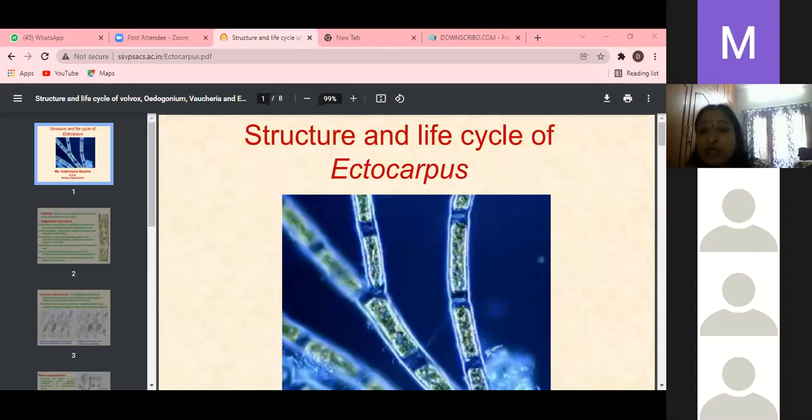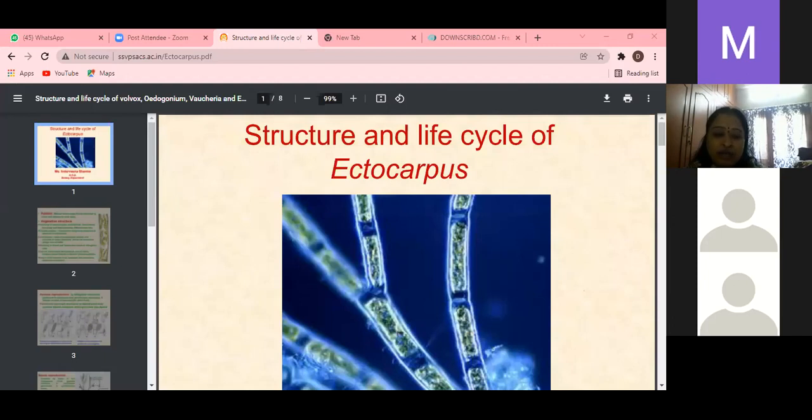Out of 265 genera, only 5 genera can be observed in fresh water, but the remaining 260 genera are all marine. The dominant habitat is marine water. The majority of species you can observe are marine algae.